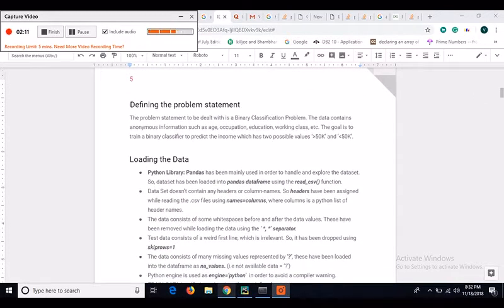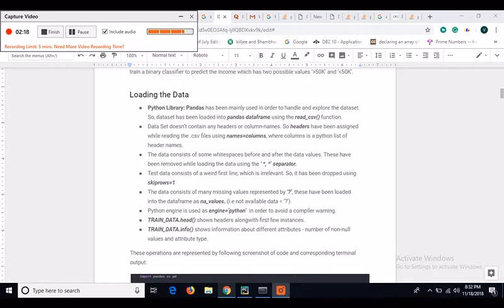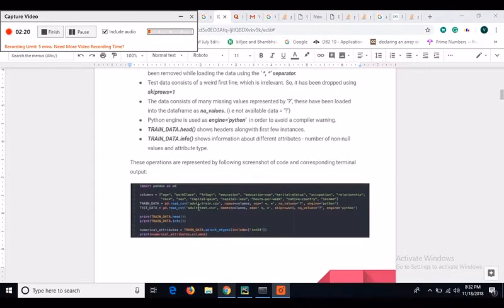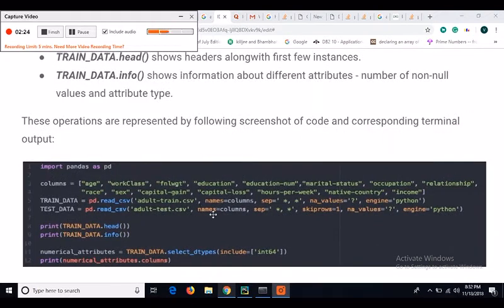First we load the dataset into a pandas data frame. The language that we are using is Python. This is the code for loading the dataset into a pandas data frame. The names of the data frames that we have given are test data and train data.